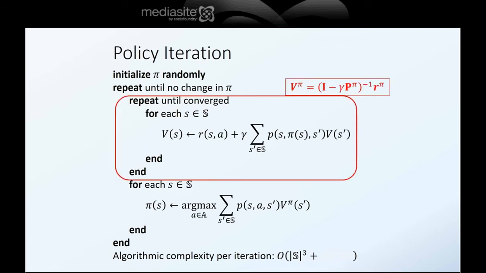Another way to look at this is that policy evaluation is nothing but application of this vector matrix equation, and that's solved in order n cubed, where n is the number of states, or S cubed rather here, and therefore the algorithmic complexity of the first step is order S cubed per iteration.